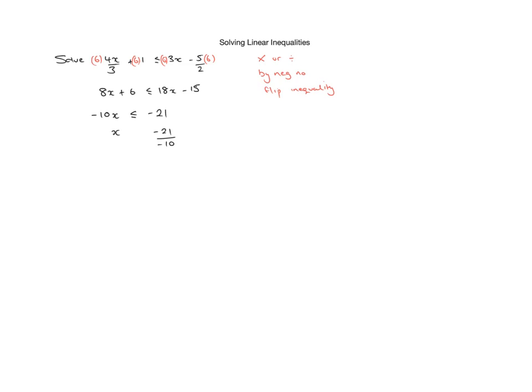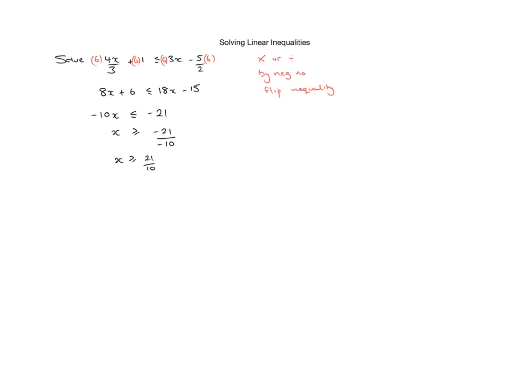Now, as we said, for inequalities, it follows exactly the same rules as your equations unless you are multiplying or dividing by a negative number. And here I've divided by minus 10. That is a negative number. Therefore, I have to change the signs around. And just to tidy it up, I get minus 21 over minus 10, and that's 21 over 10. Or if you like, it's the decimal, it's going to be 2.1.